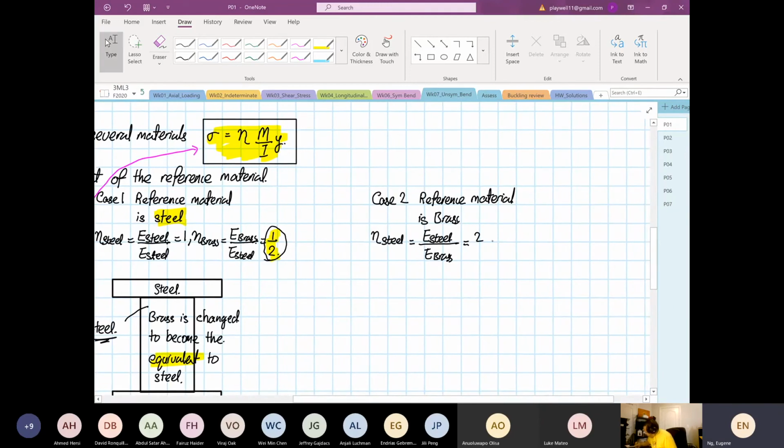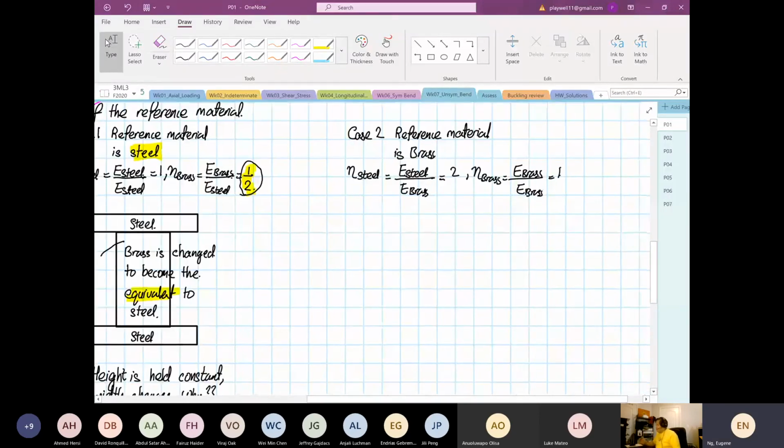And then for the reference material, the N of brass is equal to E, Young's modulus of brass, divided by Young's modulus of brass, which becomes 1. So for this case, we did not change the size of the brass. We use brass as our reference material.